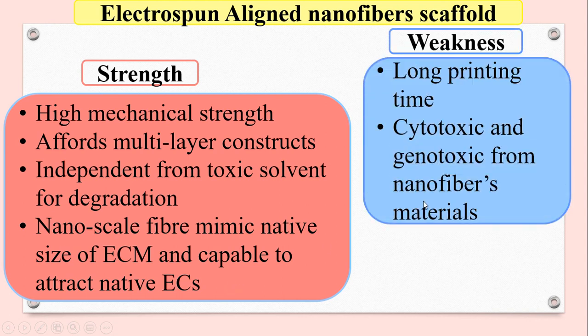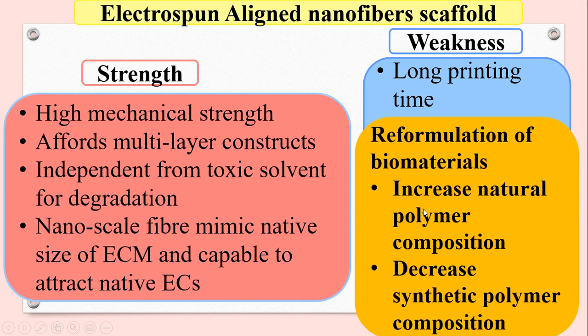The weaknesses of these electrospun aligned nanofiber scaffolds are longer printing time, and cytotoxicity and genotoxicity from the nanofiber's material. However, this can be solved by reformulation of the biomaterial, by increasing the natural polymer composition and decreasing the synthetic polymer composition.